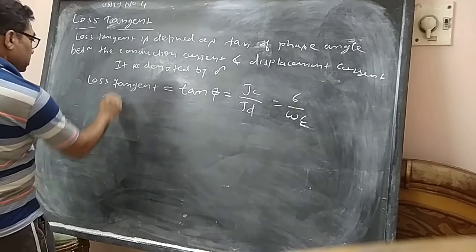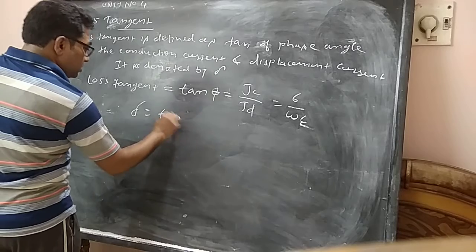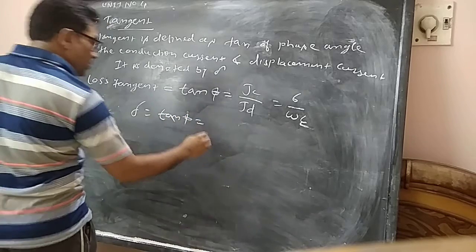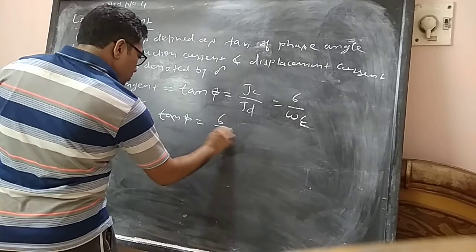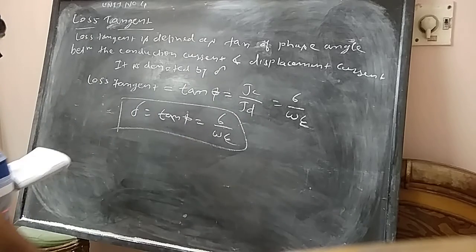Therefore the loss tangent, tan delta, equals sigma upon omega epsilon. So this is about loss tangent.